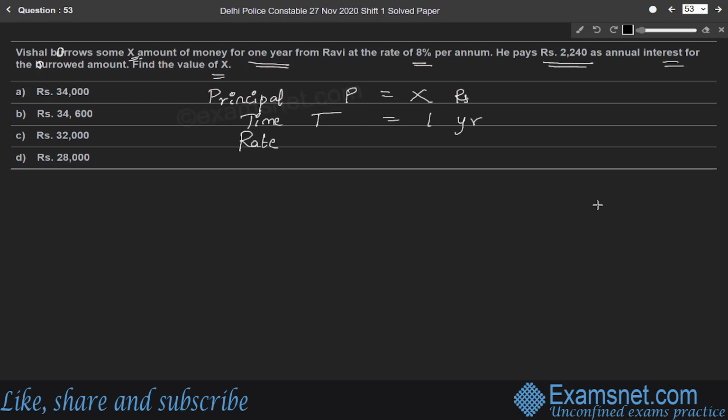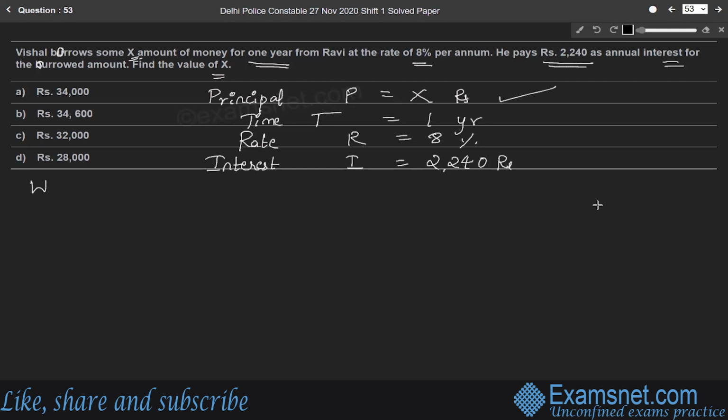So the rate R is 8% and he pays 2,240 as annual interest. So interest I is equal to 2,240 rupees. Find the value of X. That means we have to find the value of the principal amount.